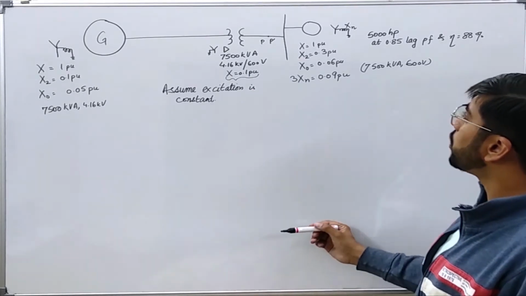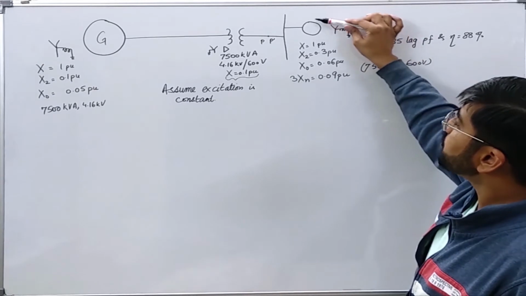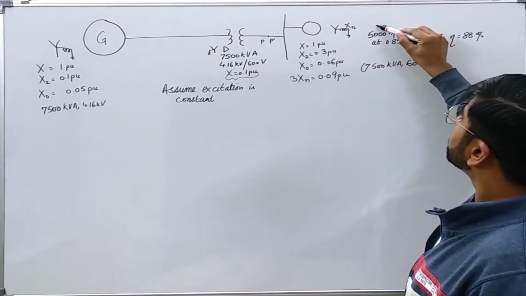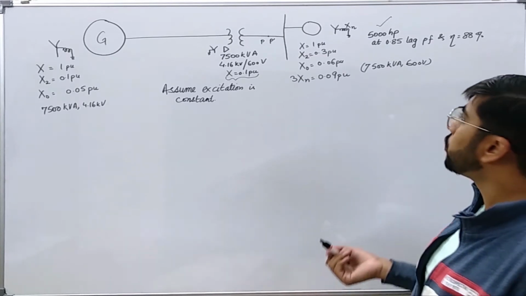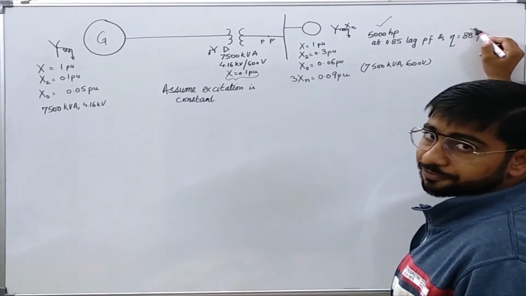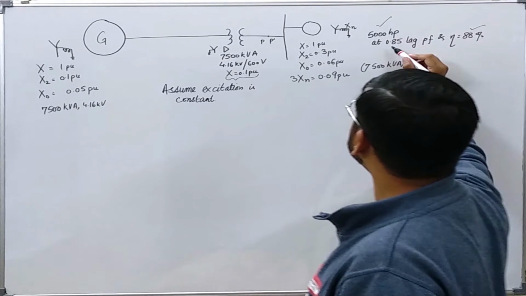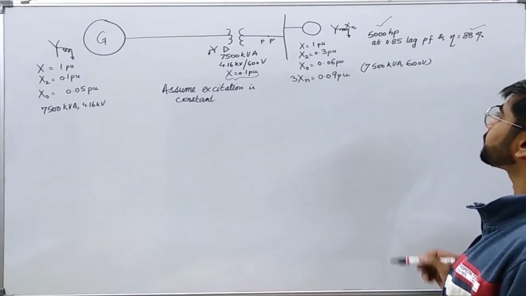Now we are also told that there is a motor which is driving a 5000 HP load at 88% efficiency and 0.85 lagging power factor.